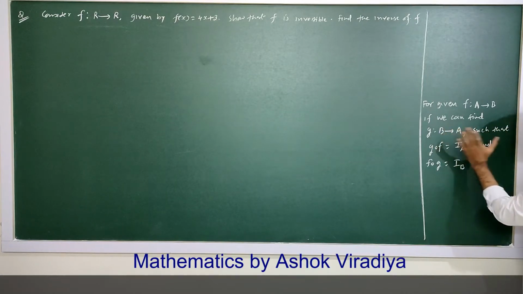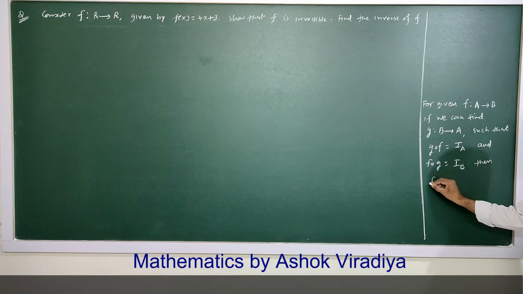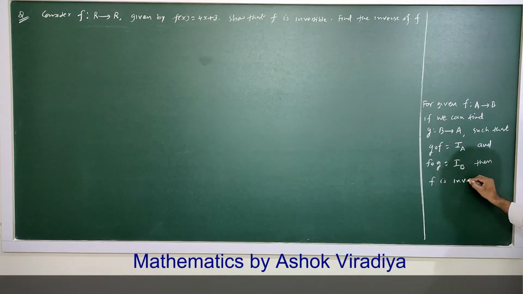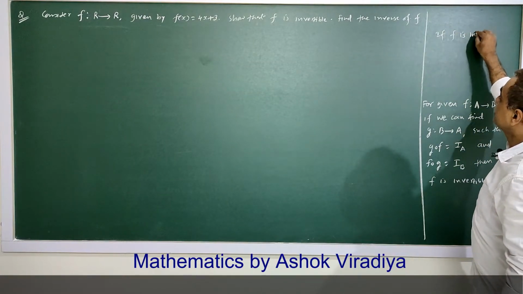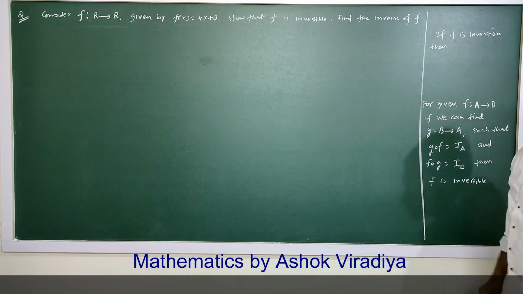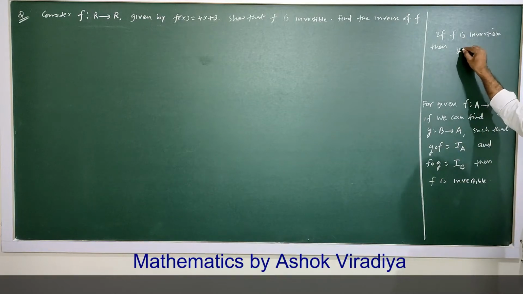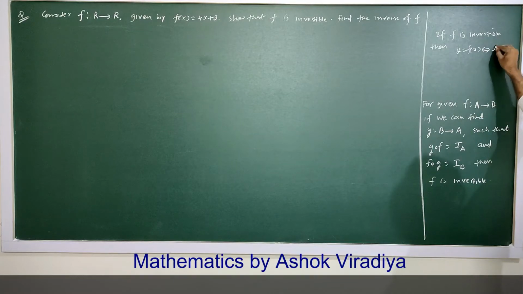If we can find g satisfying these two conditions, then f is said to be an invertible function. And if the function is invertible, then from y equal to f(x), the value of x will be equal to f inverse of y.